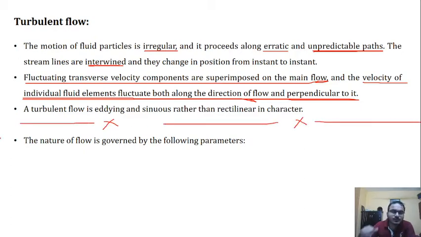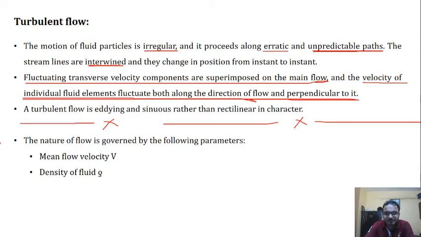Now we will see which parameters or which terms decide whether a particular flow is a laminar flow or a turbulent flow. So the nature of flow is governed by the following parameters. First is mean flow velocity, capital V. Second is density of fluid, rho.